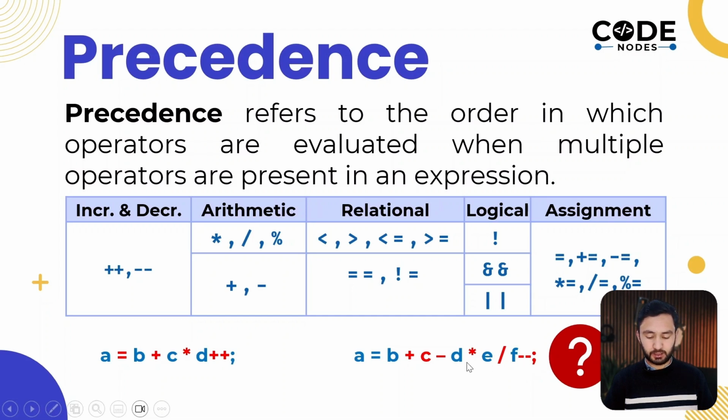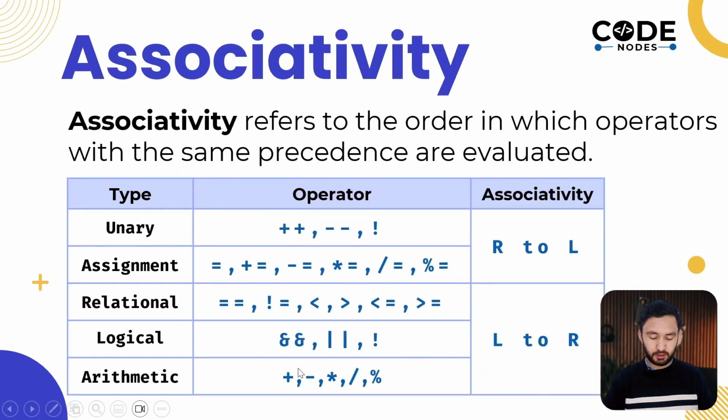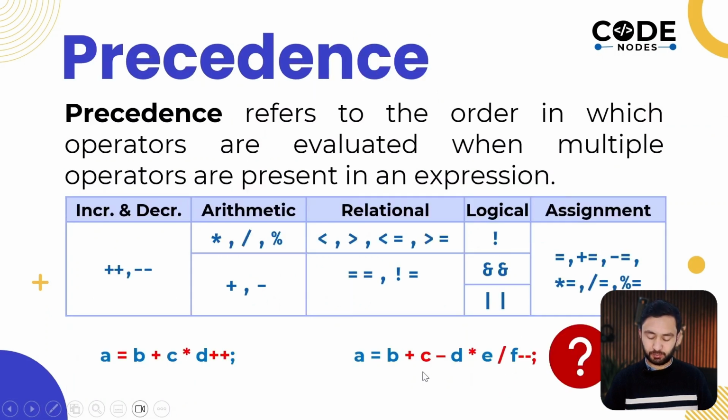Next, the multiplication and division have the highest precedence, so these will be evaluated. But in which order? In the arithmetic operators, we saw that they are evaluated from left to right if both operators have the same precedence. So this is the left one, this is the right one. So the left part will be evaluated first and the right part will be evaluated later.